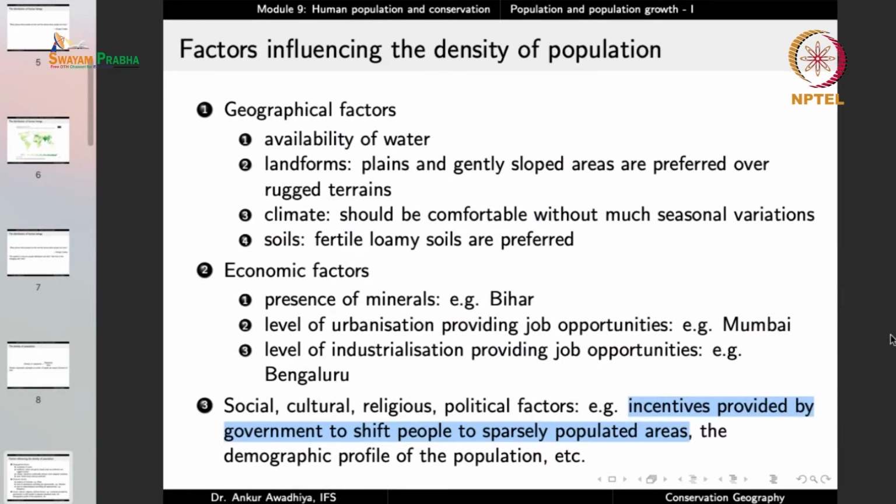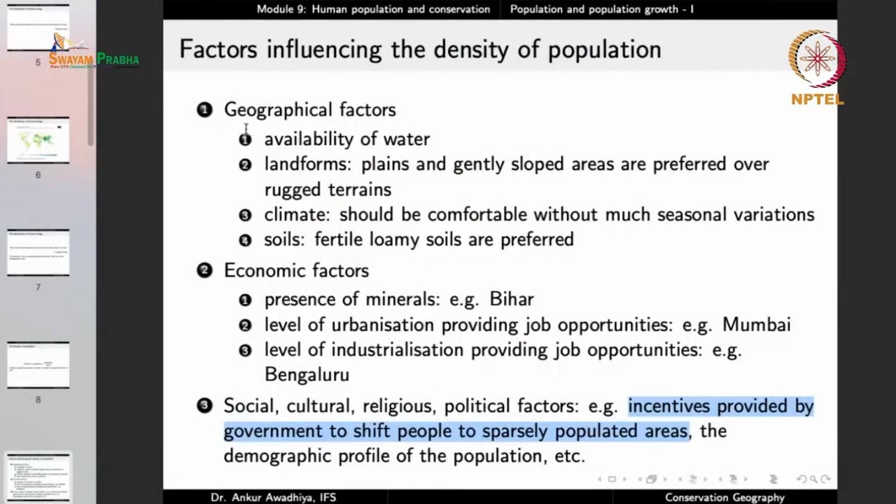How many children are being born is governed by the proportion of the population that is of reproductive age. And if more children are born, then slowly the population density would go up. Similarly, those areas where we have lots of political turmoil will have a lesser population density because people flee from those areas.